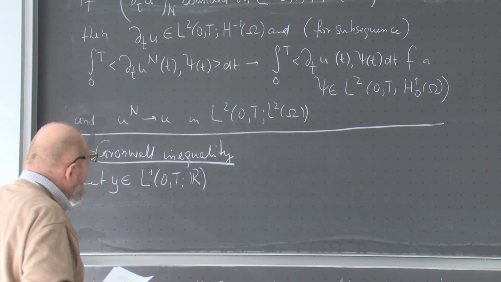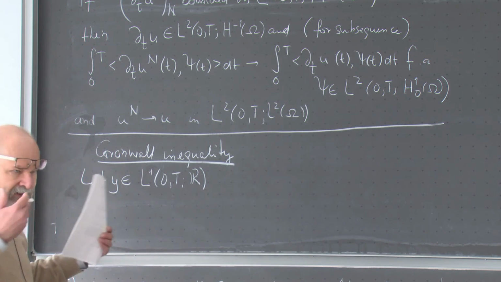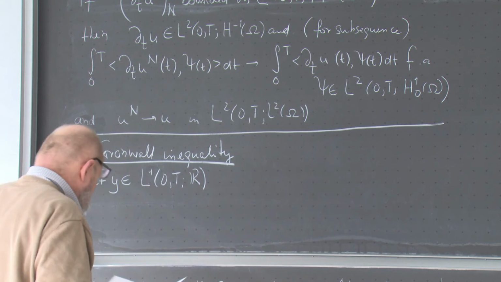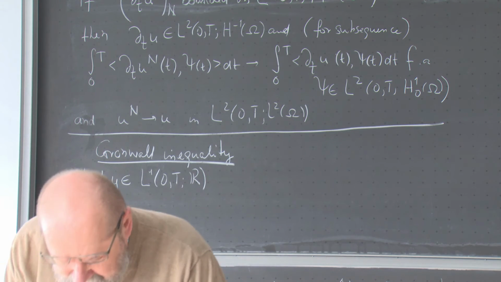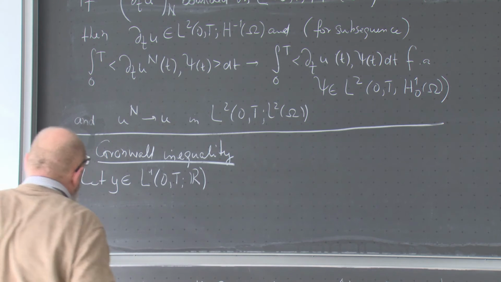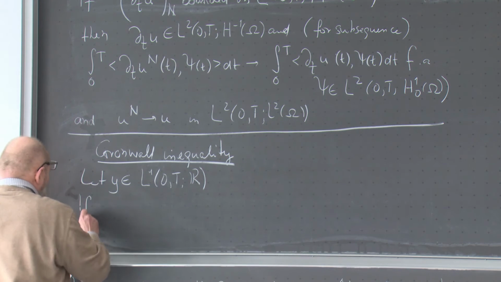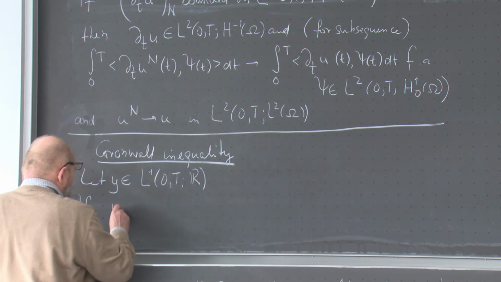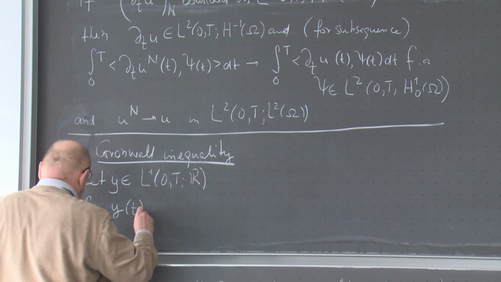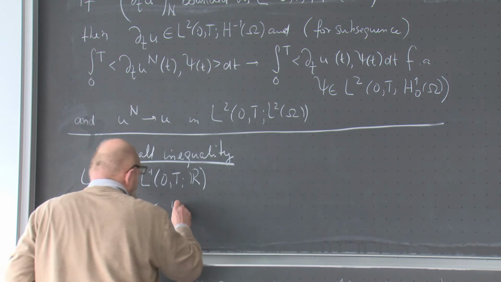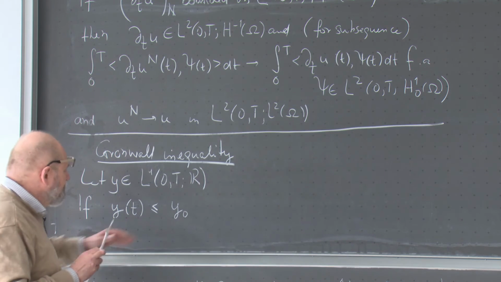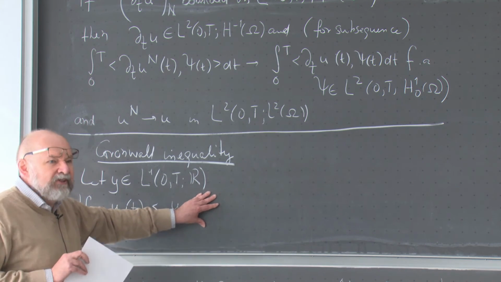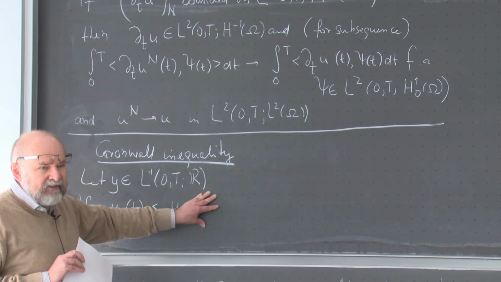And let's assume that in our energy estimation, we will end up with an estimate of the following type. We can estimate this function by something which is given, which is good. So if it would end like that, that would be a good a priori estimate.